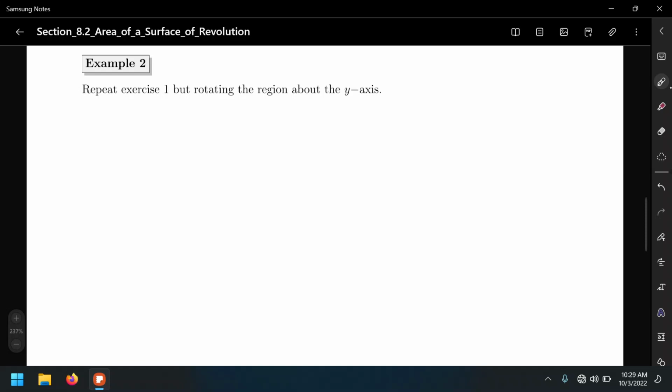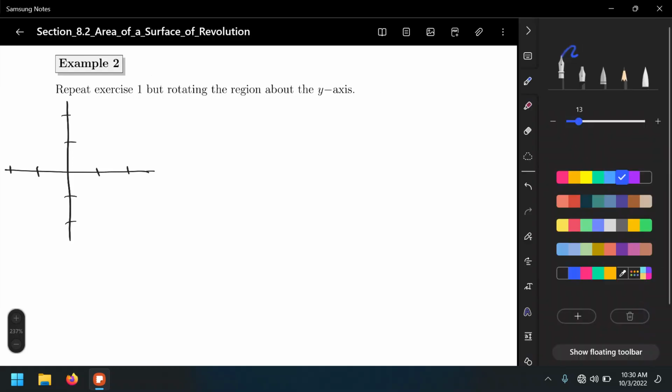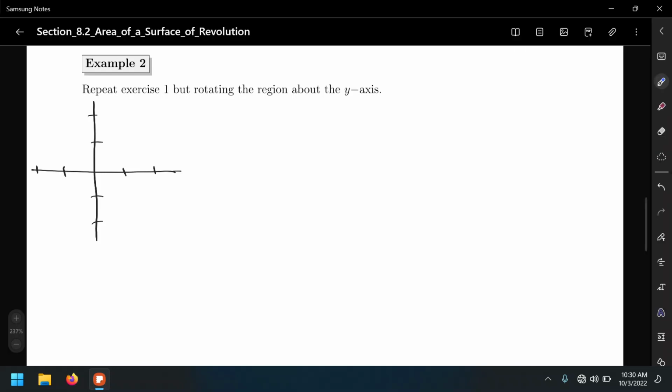So number 1, let's plot this again. Again, we don't want the whole semicircle, just the part of the circle that goes from negative 1 to 1.